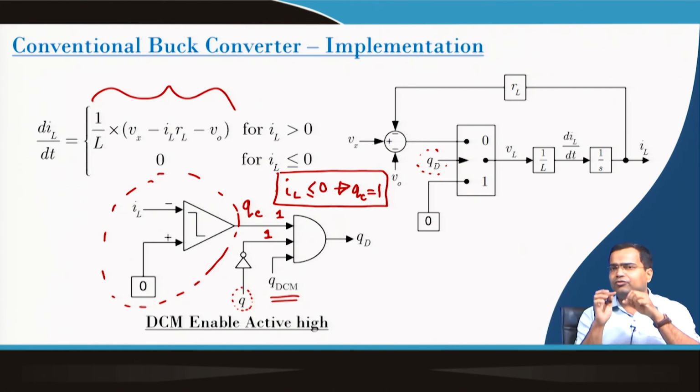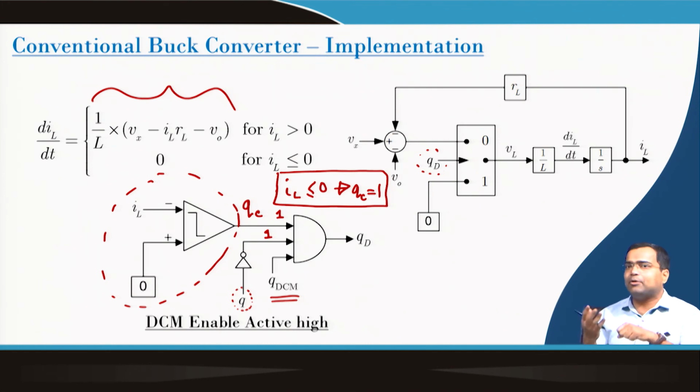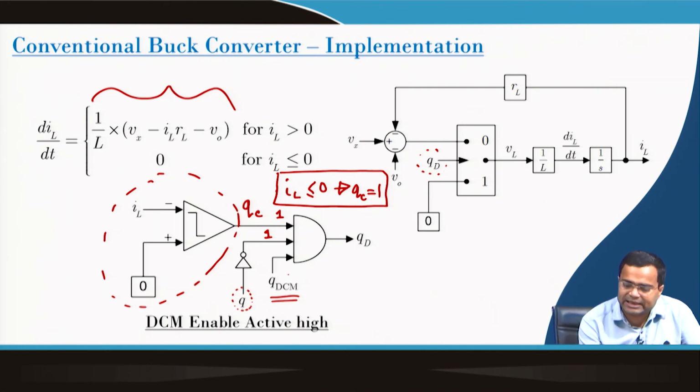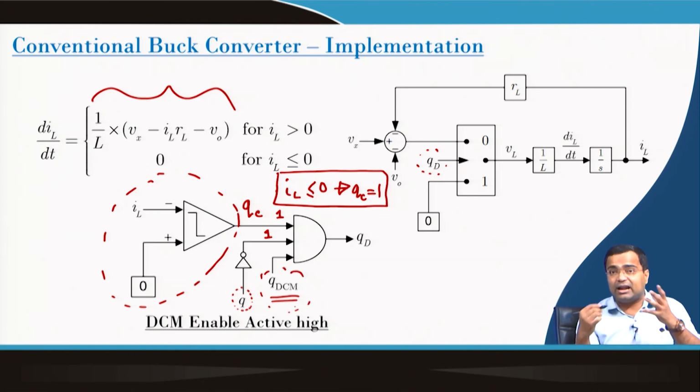So, whenever you want to achieve a fast step down transient, which we will discuss later, we allow the current to go in the negative direction for some time, so that the capacitor can be quickly discharged, and then when the current again comes close to 0, we enable the DCM operation. So, in this way Q DCM can be configured at run time.